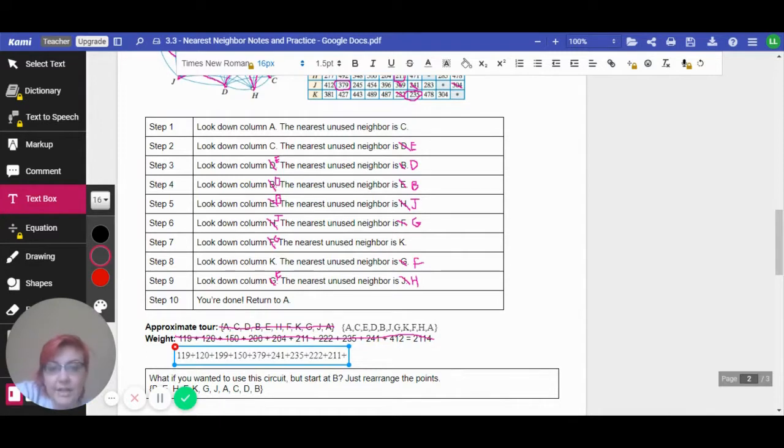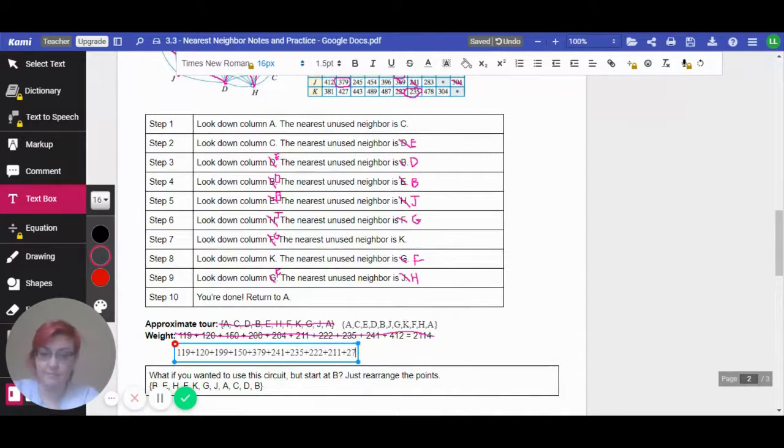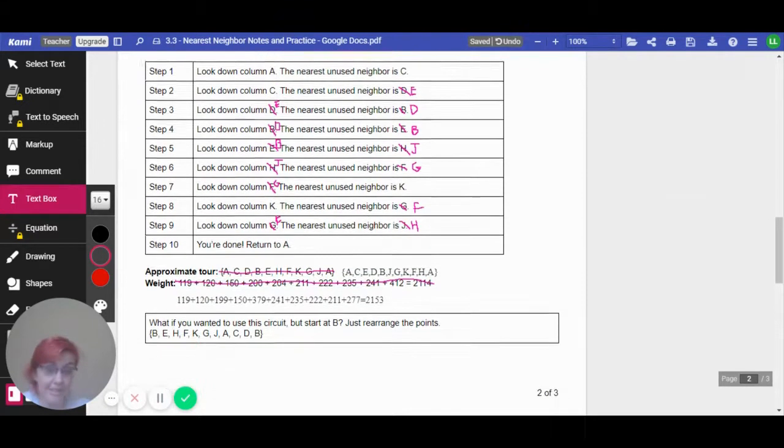Plus, finally, we're going from H to A for 277. All right, let's add that up and be done with this. 119 plus 120 plus 199 plus 150 plus 379 plus 241 plus 235 plus 222 plus 211 plus 277 is 2153.